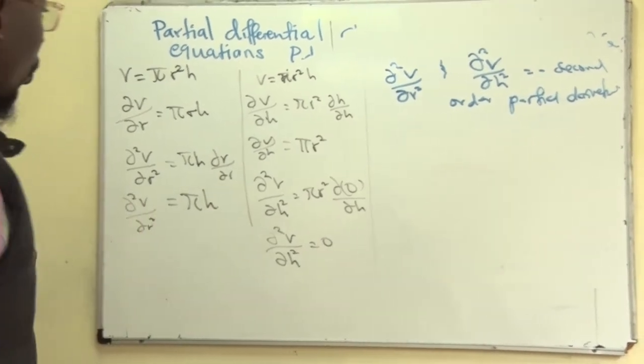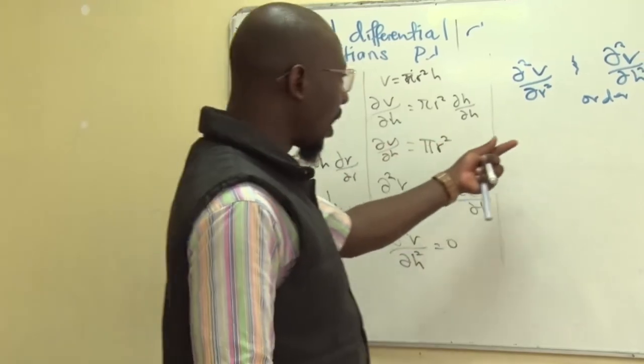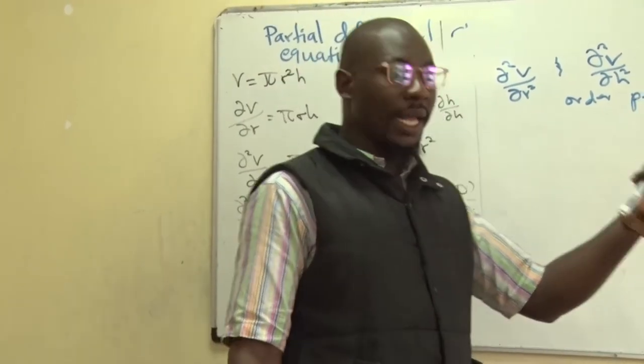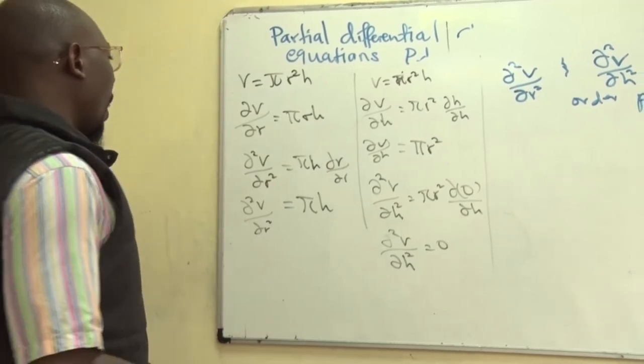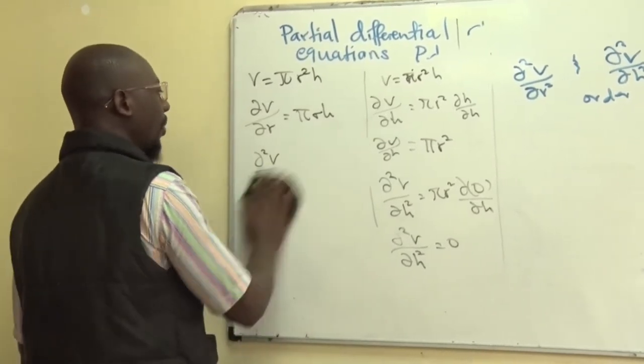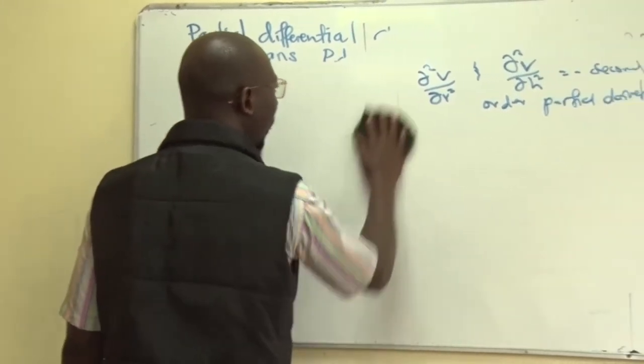Those are called second order partial derivatives. And they are very interesting. We shall use them in applications in approximating what we call the starting points and the turning points of a function.